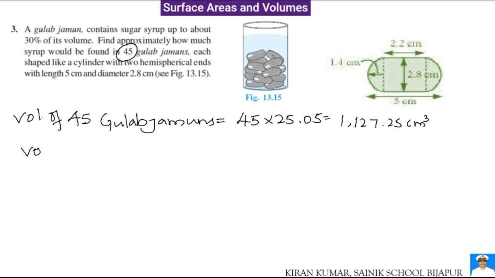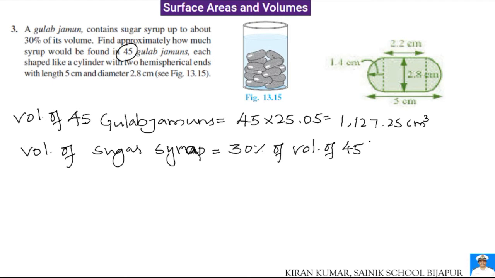Now we can find out the volume of sugar syrup. Volume of the sugar syrup is 30% of volume of 45 gulab jamuns. 30% means 30 upon 100 multiplied to volume of 45 gulab jamuns.